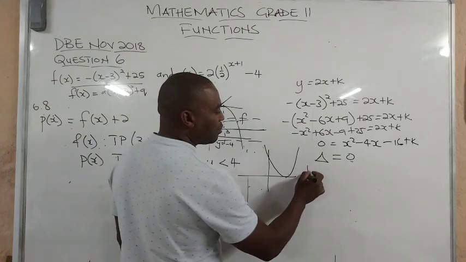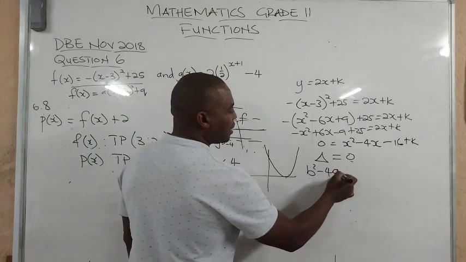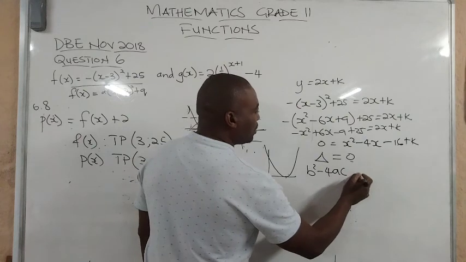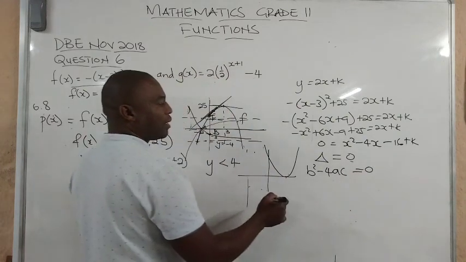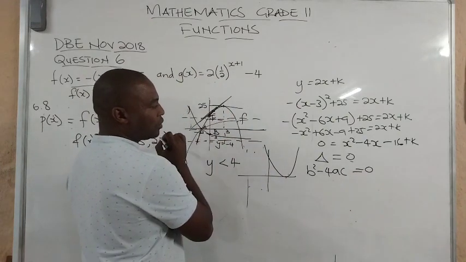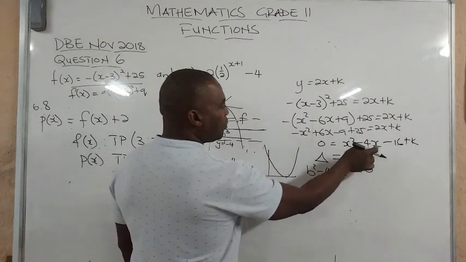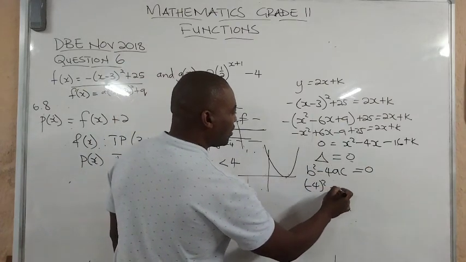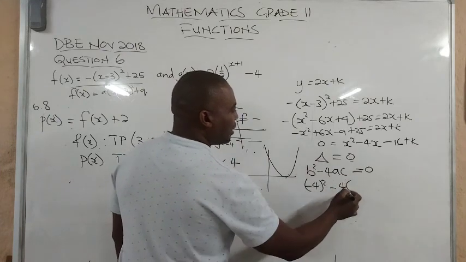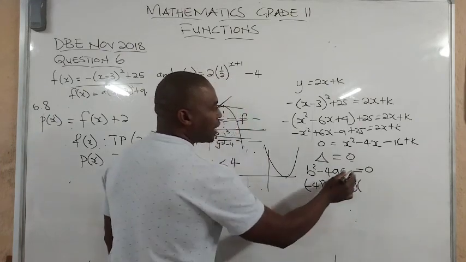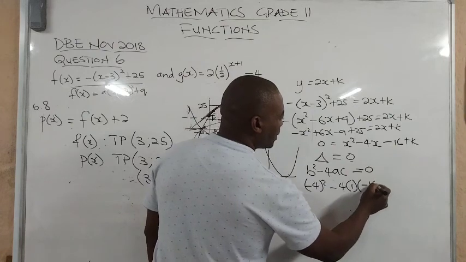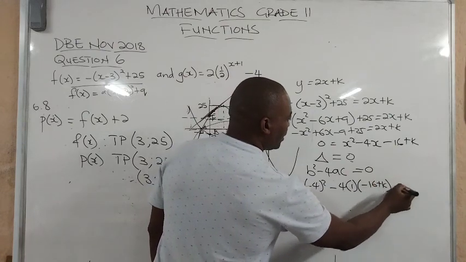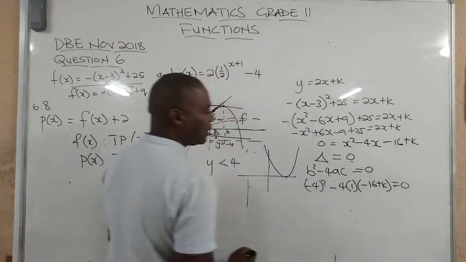So we are saying b squared minus 4ac should be equal to 0 if we are going to have one solution there. So our b is negative 4, minus 4 by a, which is 1, and our c is minus 16 plus k. This should be equal to 0.